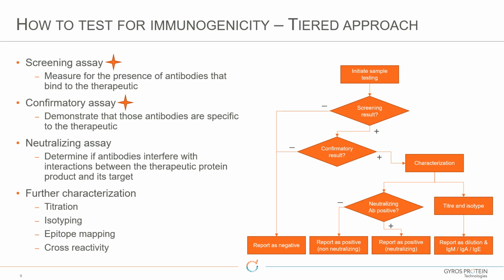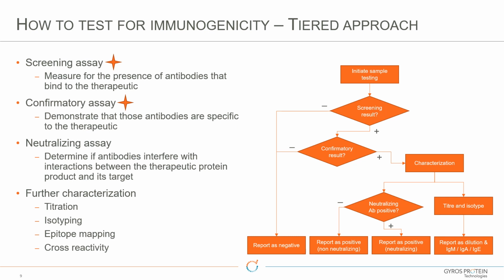And then oftentimes there's characterization, such as isotyping, and I know that the folks at Pfizer recently published a paper where they were actually measuring the affinity of the anti-drug antibody as well. So lots of follow-up on those positives. Yeah, I've done lots of work in the past trying to measure IgE, for example, which can be extremely hard to measure.